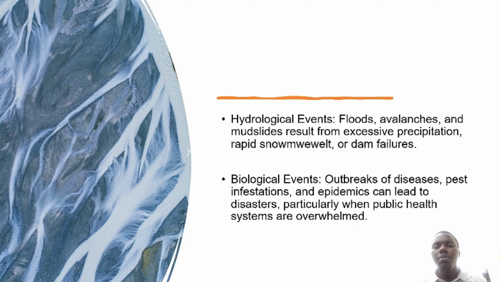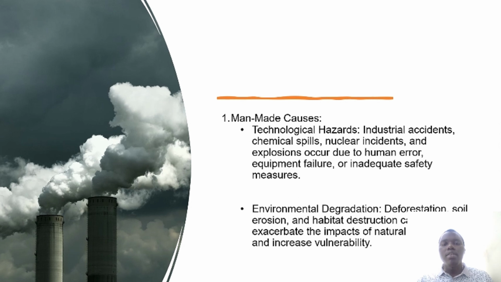For example, outbreaks of diseases, pest infections, and epidemics can lead to disasters, particularly when public health systems are overwhelmed. So let's continue. Another is the man-made causes. For example, we know the technological hazards.